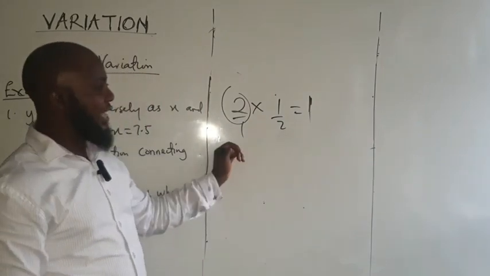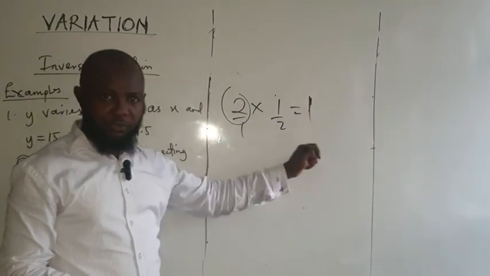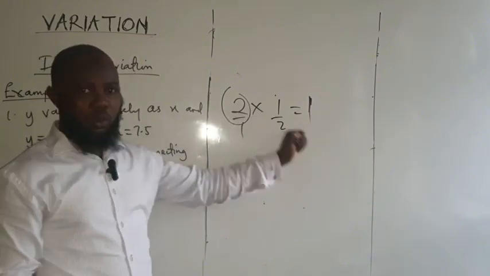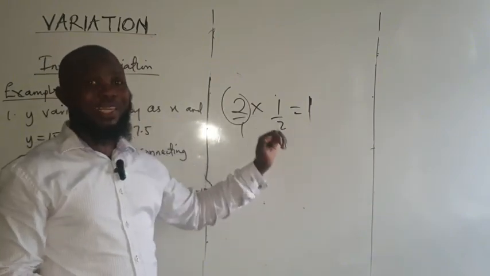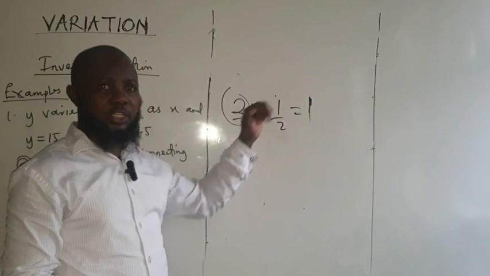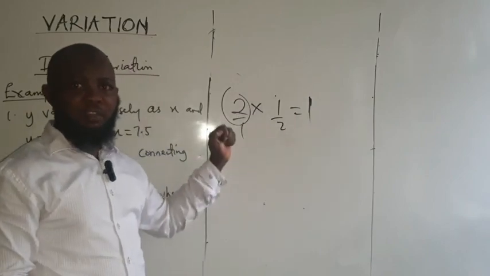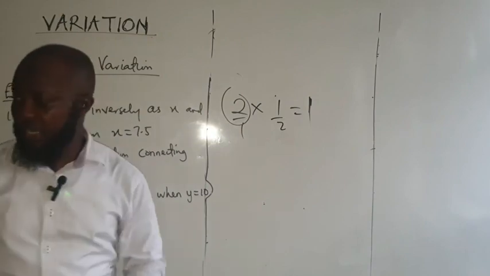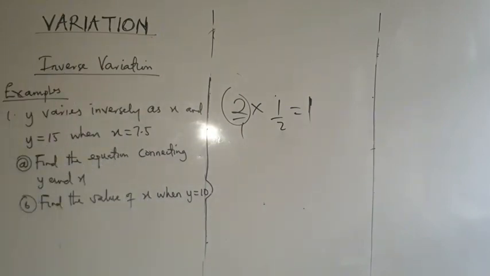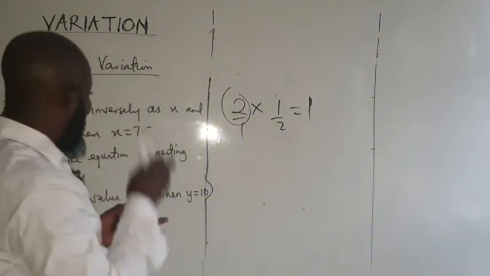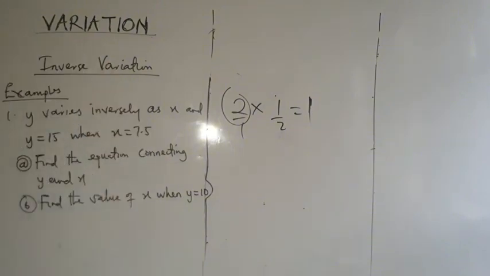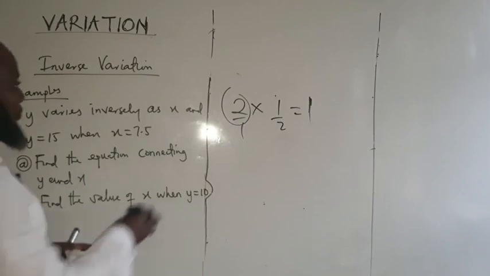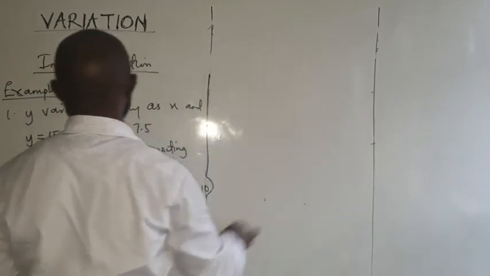If I say inverse of 3, that is 1 over 3. Inverse of 5 is 1 over 5. That is, the multiplicative inverse of 3 is 1 over 3, and the multiplicative inverse of 5 is 1 over 5. We are now going to use that concept to solve problems on inverse variation. Let's look at this example and see how we interpret it.